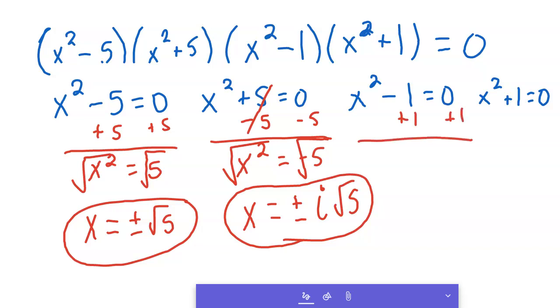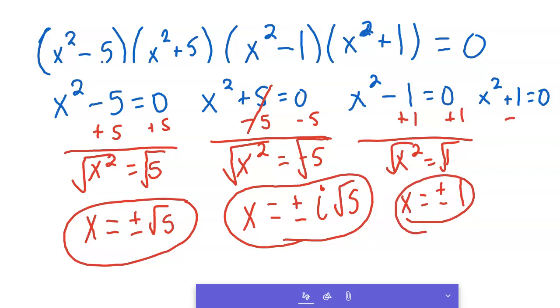So you add 1 to both sides. x squared equals 1. If you root both of those, excuse me, forgot to do that, x equals plus or minus 1. So we've got two more roots, a positive one and a negative one. And then the last one, you subtract 1, x squared equals negative 1. You root both sides, and x equals plus or minus the square root of a negative 1, which is i.